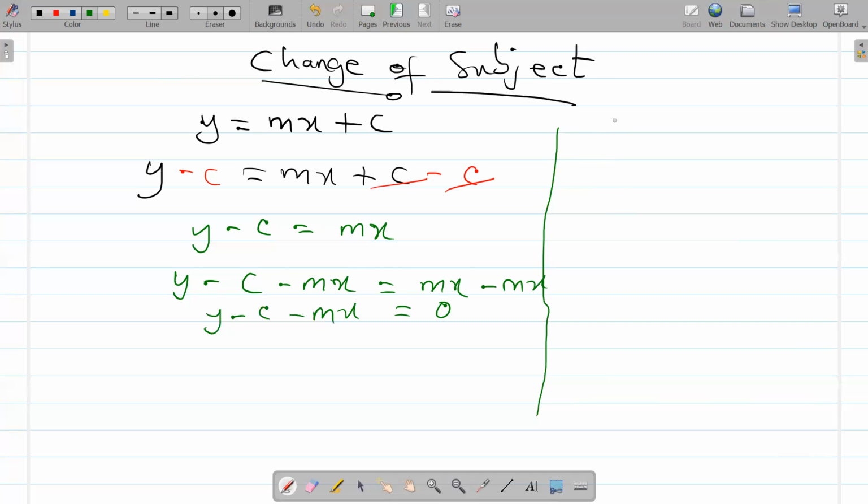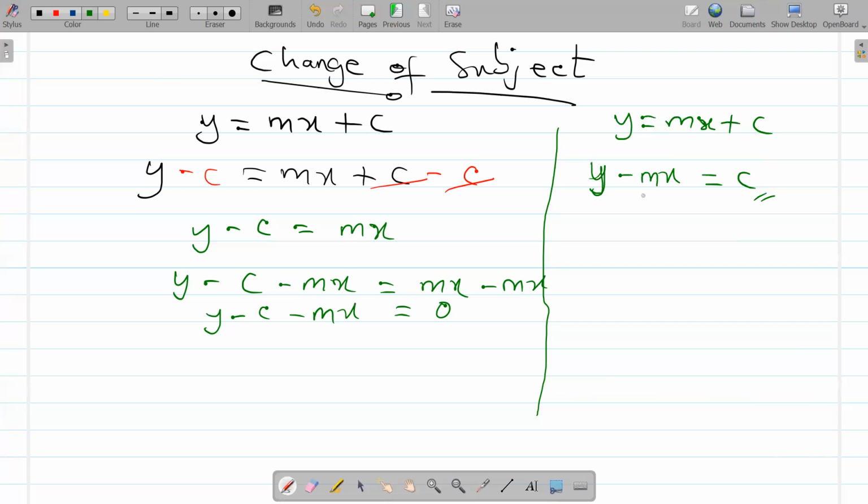This is the question: y is equal to mx plus c, and this mx can just move to this side. So y minus mx is equal to c. Simple. You go through all this stress and still be stressing yourself out.